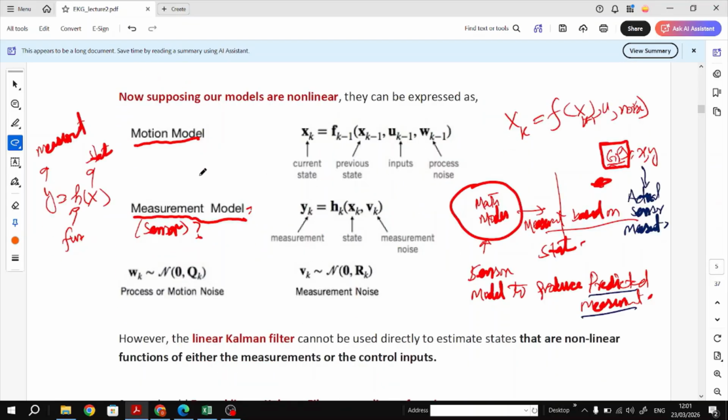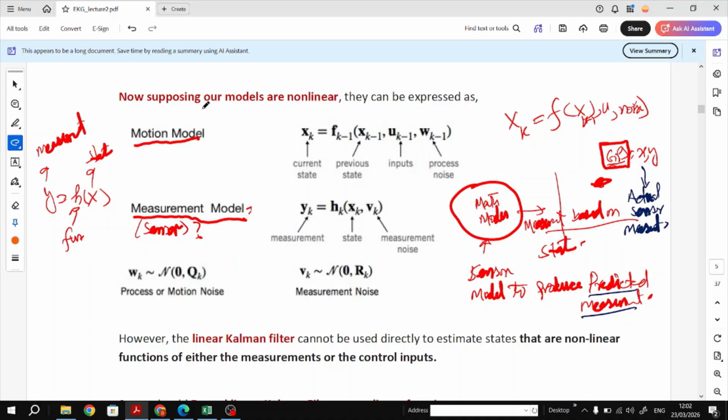For example, the motion model of any system in general can be given as a function of the state, a function of control inputs, and motion model or process noise. So in general, it can be nonlinear.